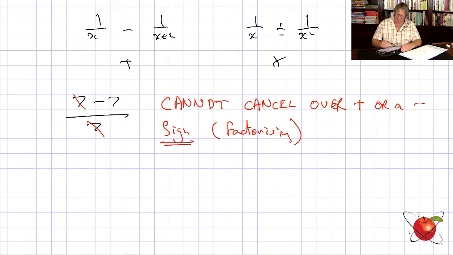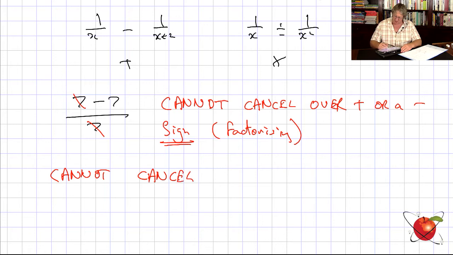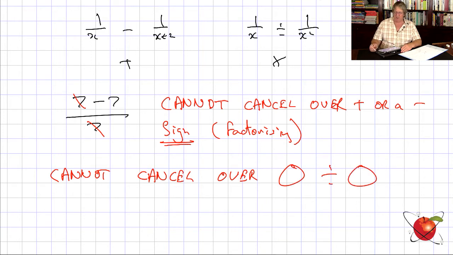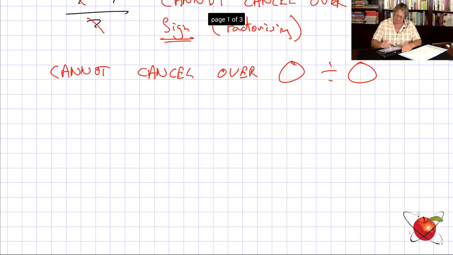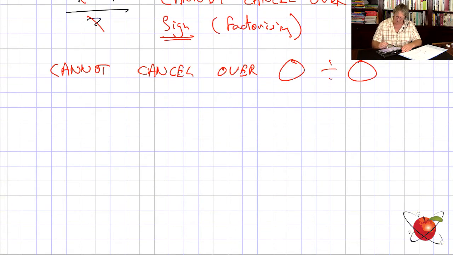Then the next thing is you cannot cancel over this expression divided by that expression. You may only cancel out when you are given permission.